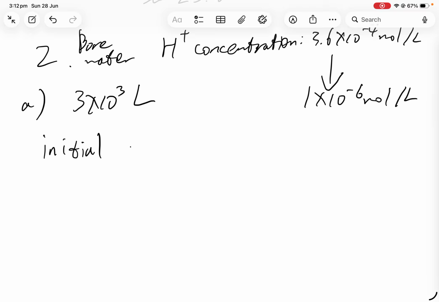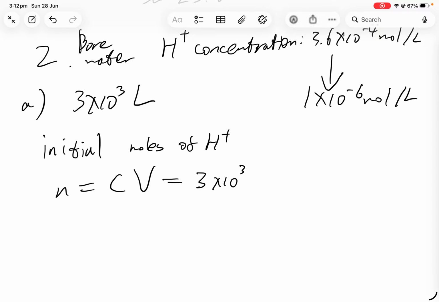So initial moles of H plus will be n equals concentration times volume, which equals 3 times 10 to the power 3 times 1 times 10 to the power -6.